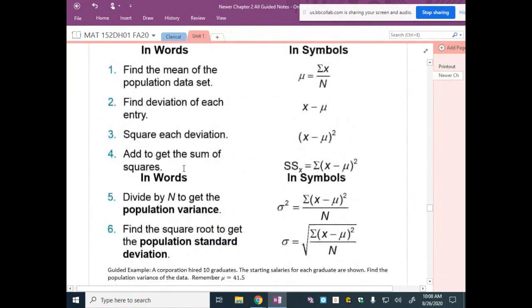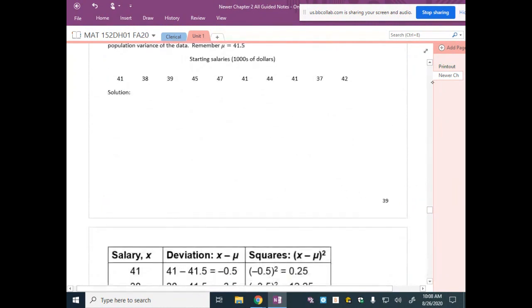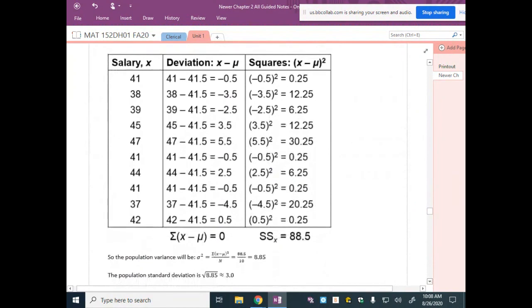So here is everything in words and symbols. What we're going to do is now find the population variance of this data. Scrolling on down to page 40, we square all of these deviations, and we add that up.